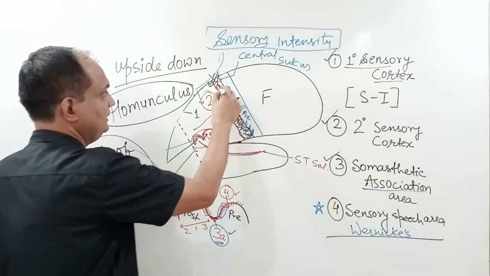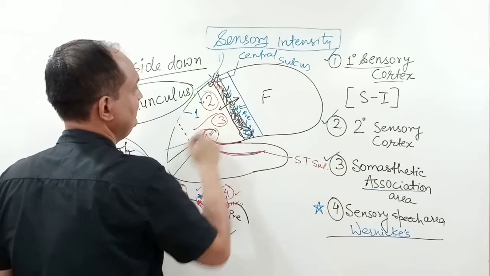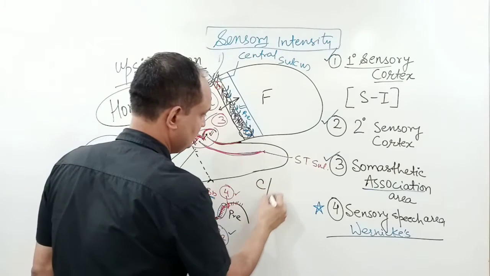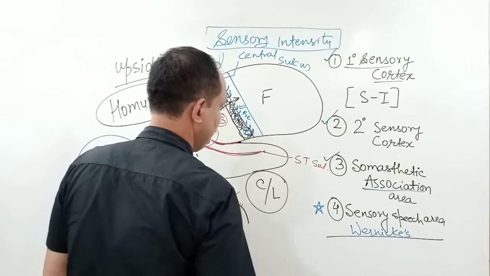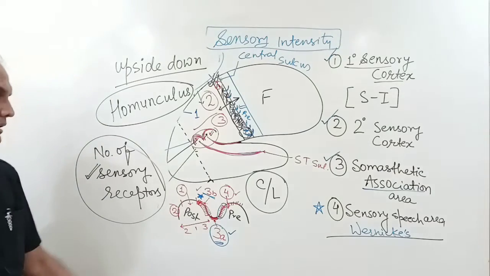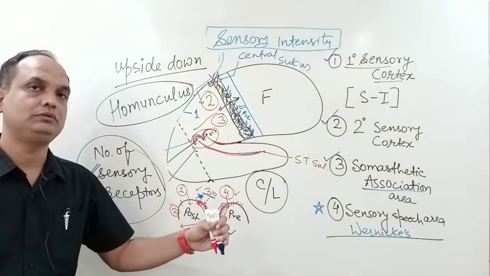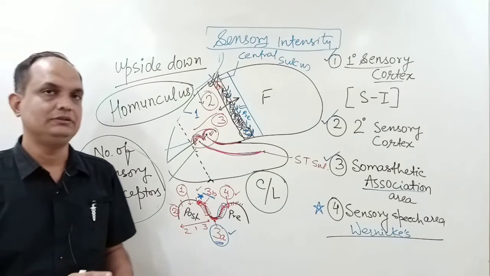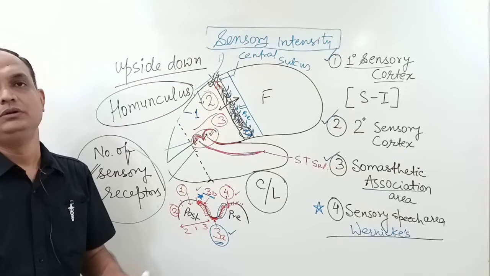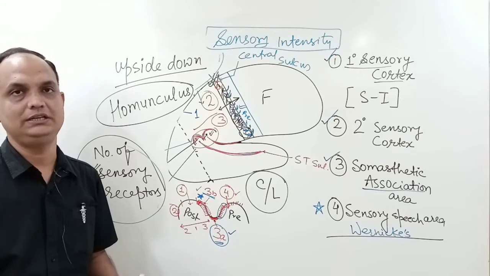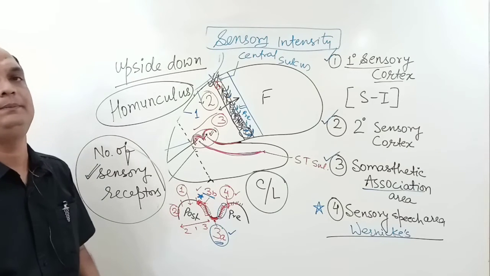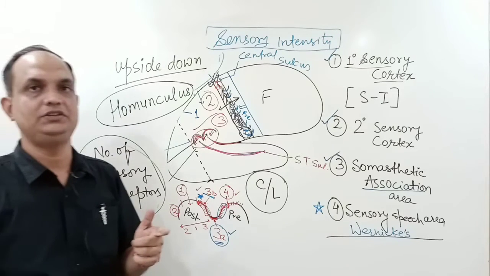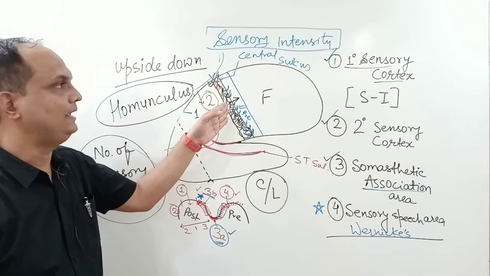And if you have a lesion in the primary sensory cortex, we have the loss of sensation on the contralateral side of the body, except some crude touch and crude pain, because the thalamus also has the capacity to sense crude touch and crude pain. But point-to-point identification or two-point discrimination is the function of the primary sensory cortex.